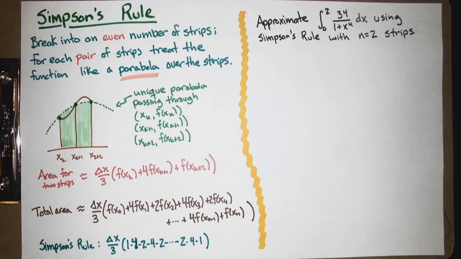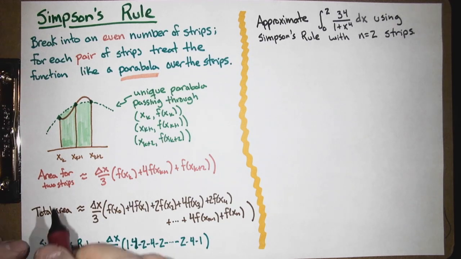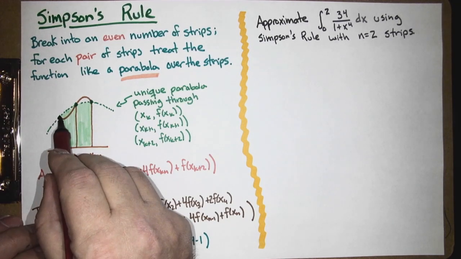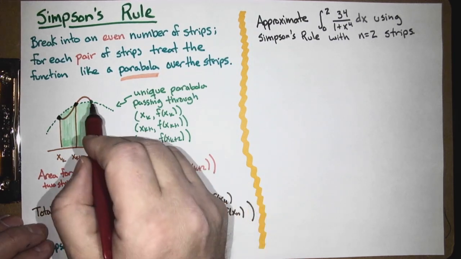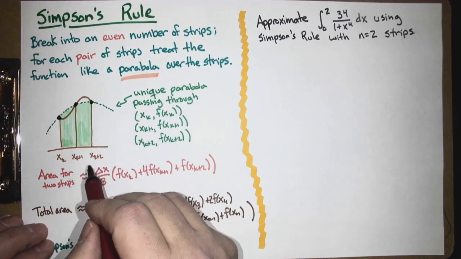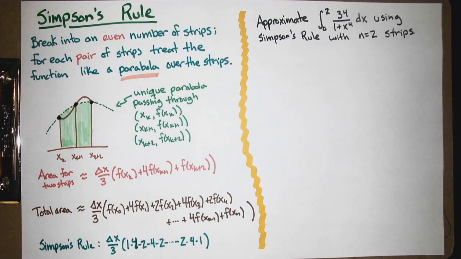Because what we're going to do is for each pair of strips, we're going to put them together and say, okay, we have 3 points. So we have this point xk, f of xk, this point xk plus 1, f of xk plus 1, and this point xk plus 2, f of xk plus 2.